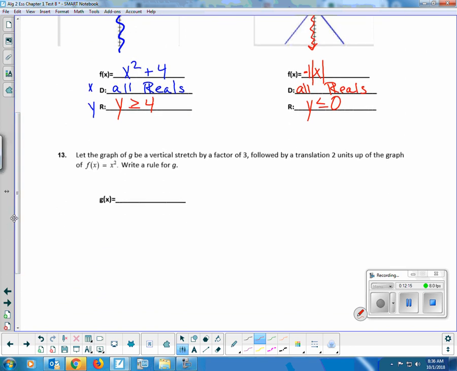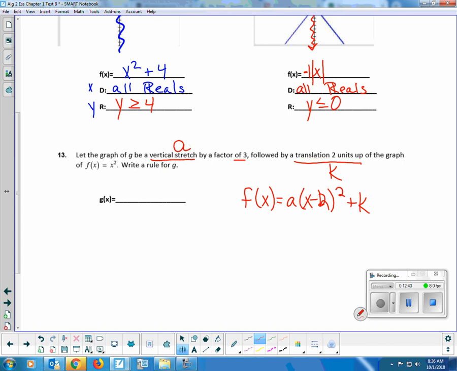And then number 13 has a vertical stretch of 3 and a translation of 2 units up. Vertical stretches are A, translations are your K. So if this is the general form of a quadratic equation, that should be a times x minus h squared plus k.